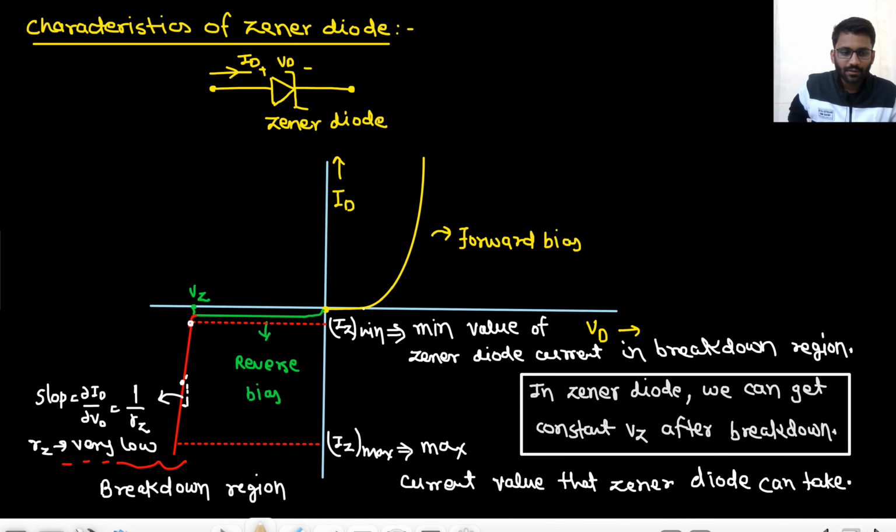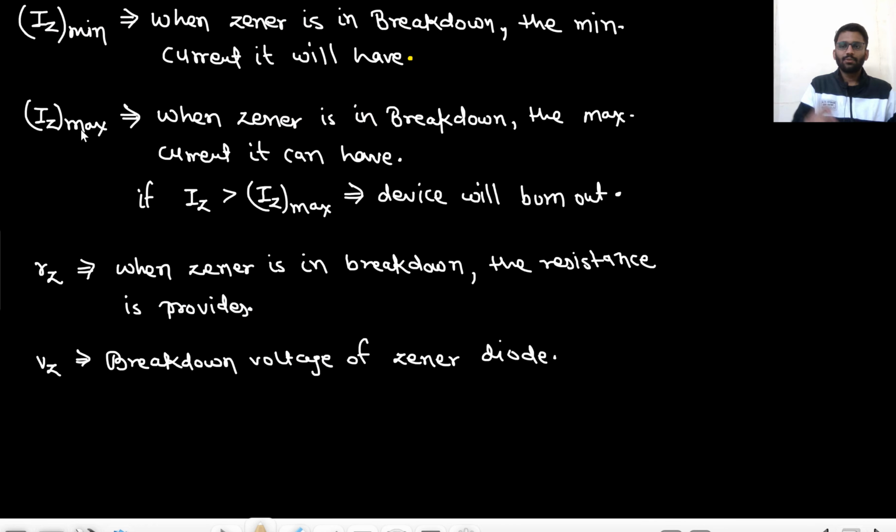Now let's see those terms. Iz minimum: what is Iz minimum? When Zener is in breakdown, it is the minimum current the Zener diode will have. What is Iz max? When the Zener diode is in breakdown, the maximum current it can have. If Iz is greater than Iz max, the device will burn out.